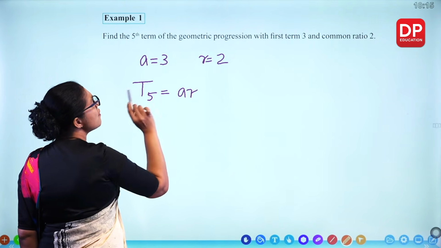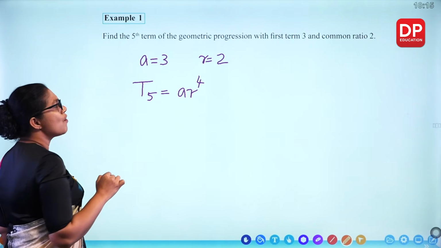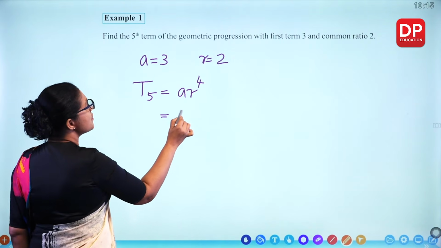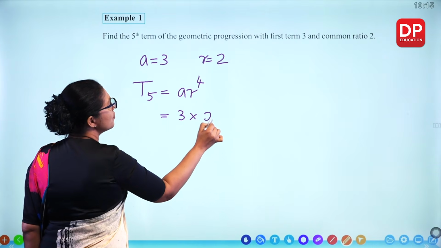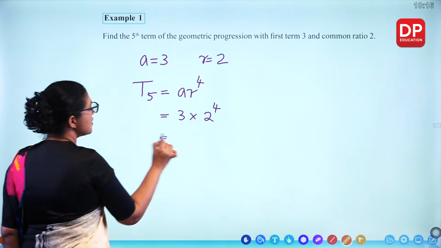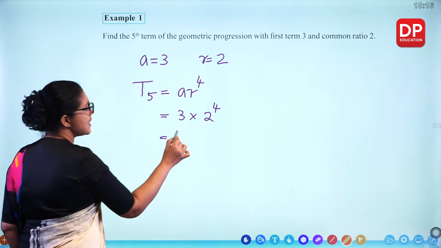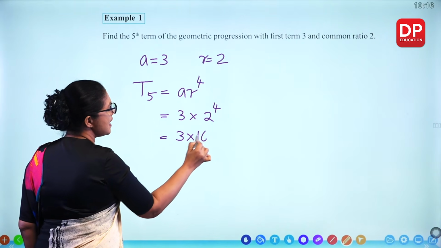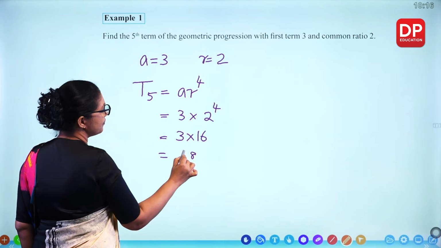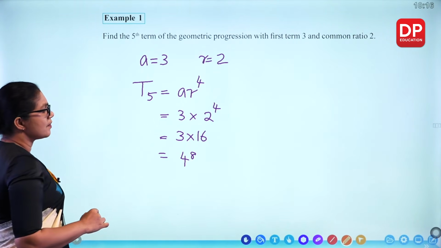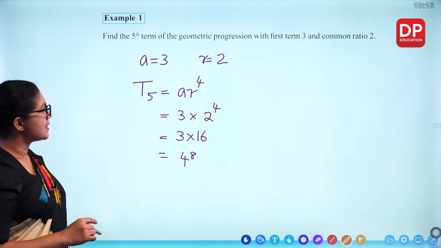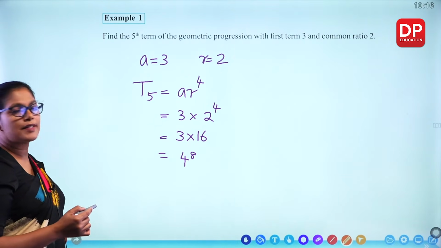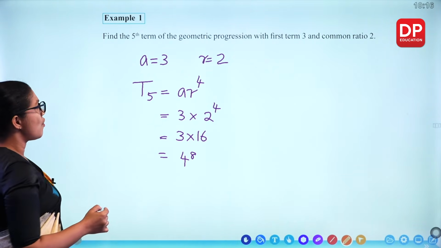AR to the power 5 minus 1. That's 4. A is 3. R is 2. Now simplify. 2 to the power 4 is 16. 3 times 16, 48. So 5th term of this sequence is 48.